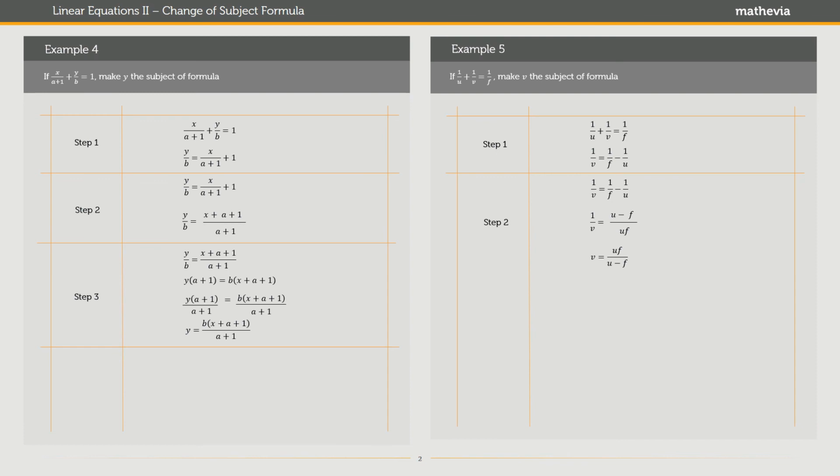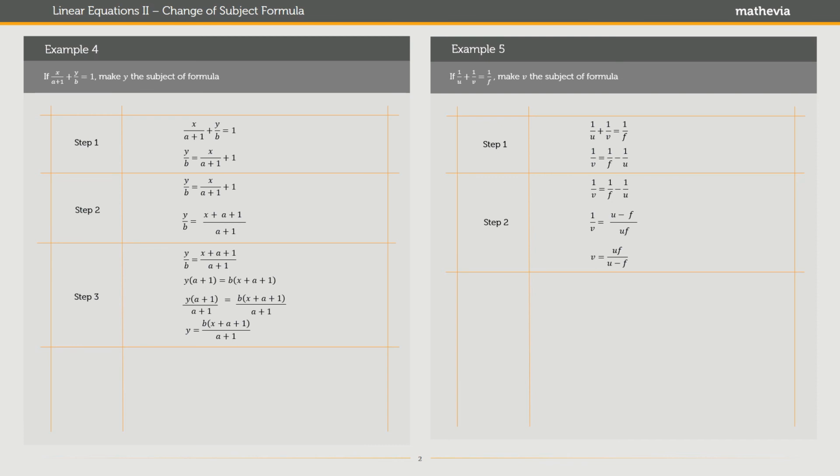From this point, I can just flip both fractions on both sides. So I have v/1 = uf/(u - f). And that's it. Very simple. You have v as your subject of the formula.